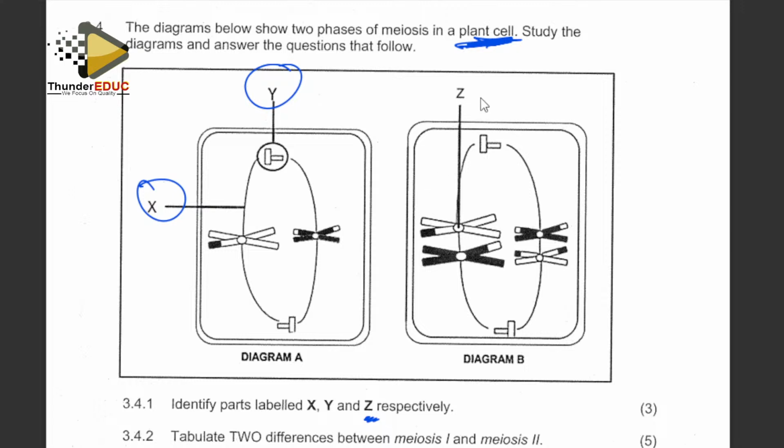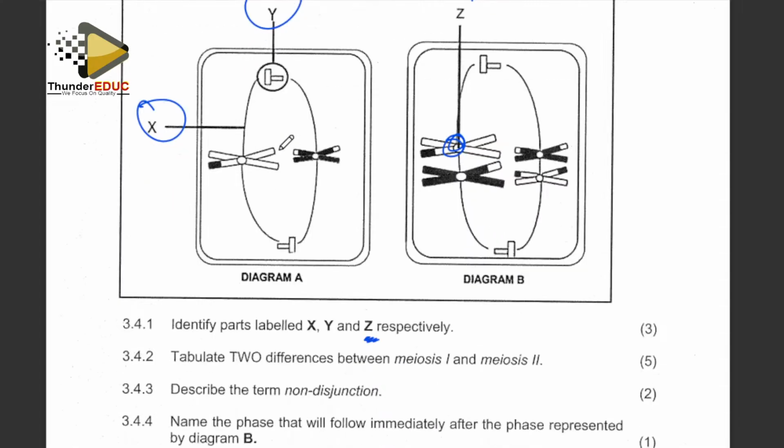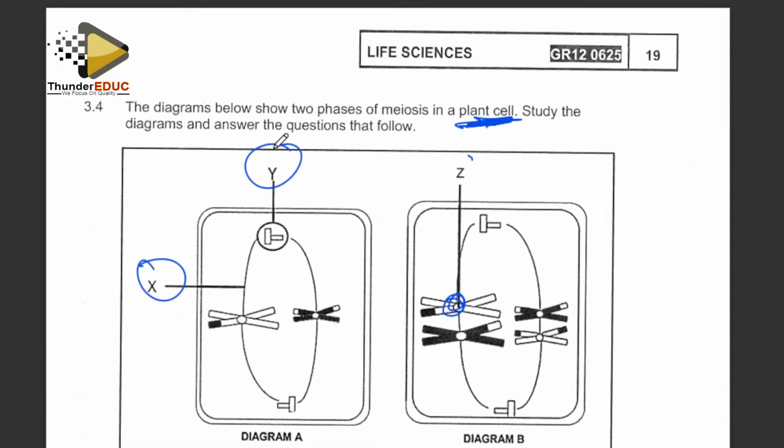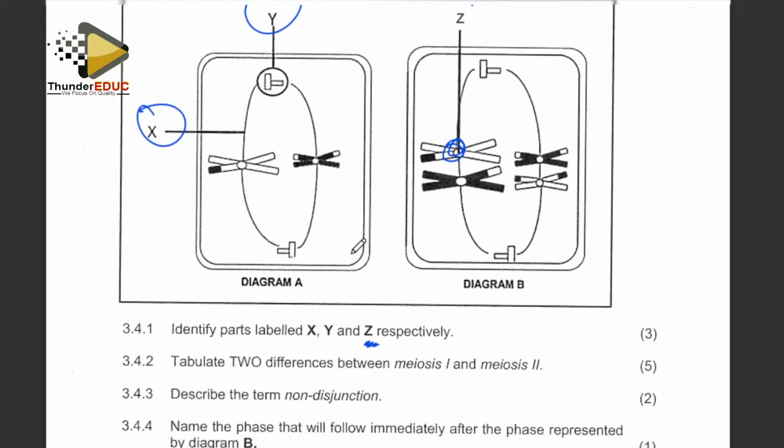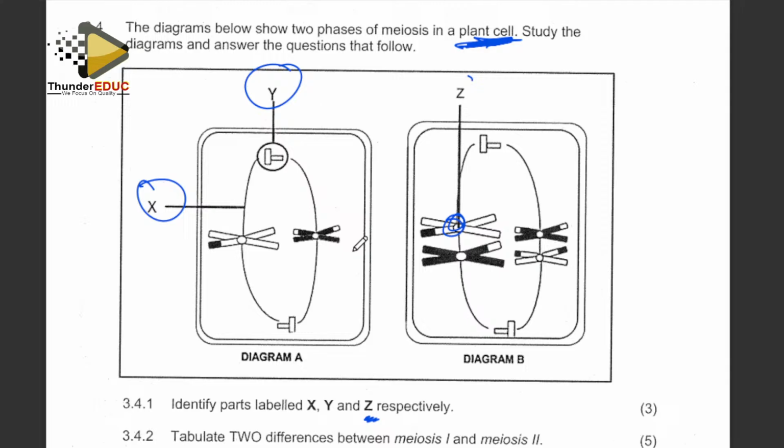And Z is what? Z is centromere. Is it? Anyway, I'm going to go with that, because plant cells don't use centrioles, they don't use spindle fibers.